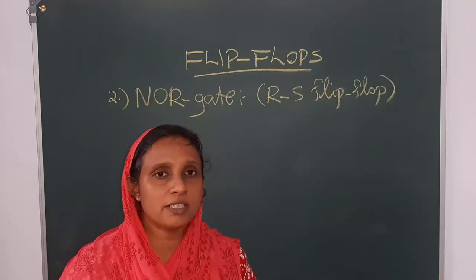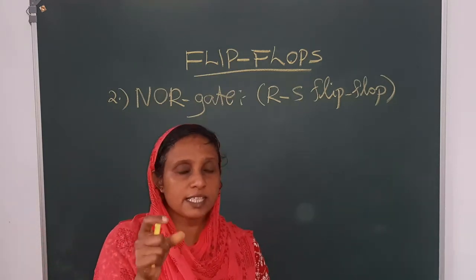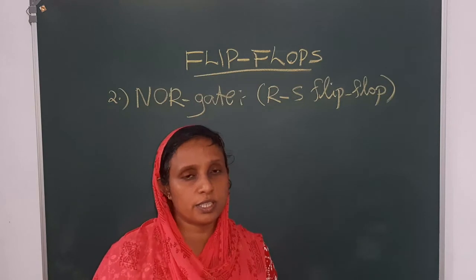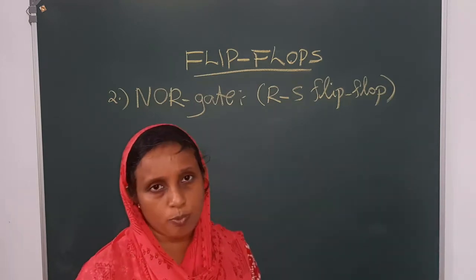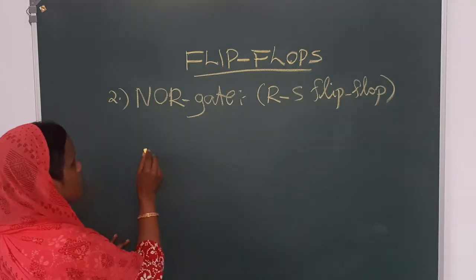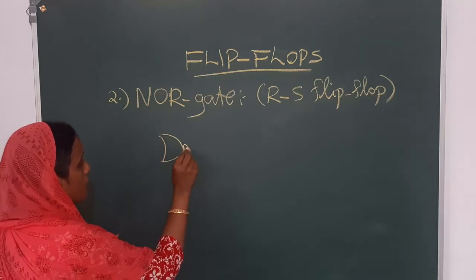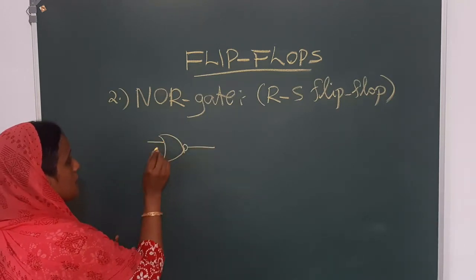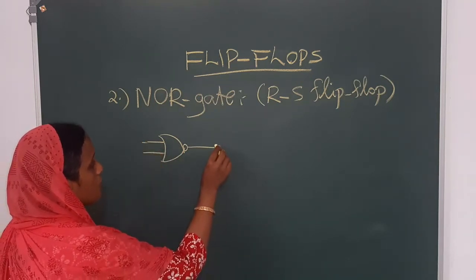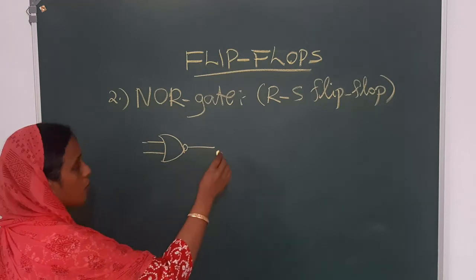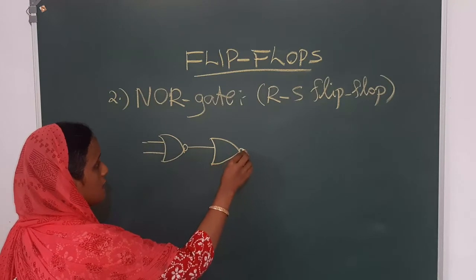Initially we saw that we can construct a flip-flop using two inverters, but in that case only one input is for an inverter, but this time for a NOR gate there are two inputs. So I can show you the circuit diagram. First of all, I am showing you the NOR gate like this. This is the symbol for a NOR gate. The output of this NOR gate is connected to the input of a second NOR gate like this.